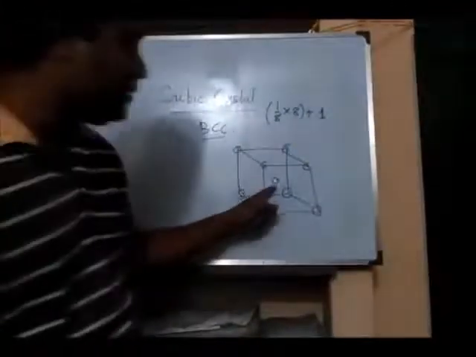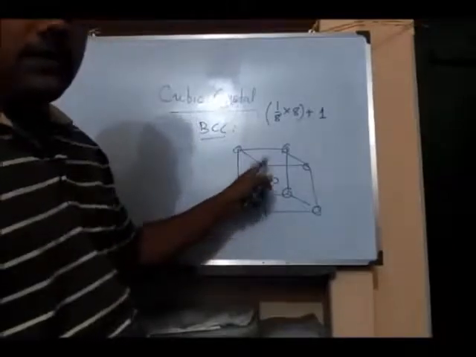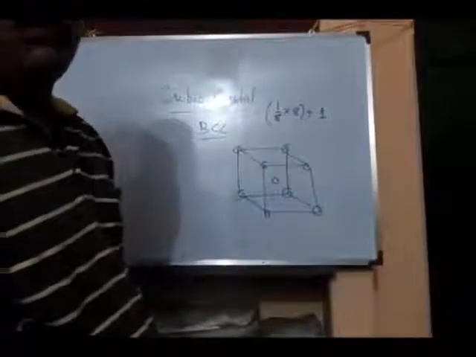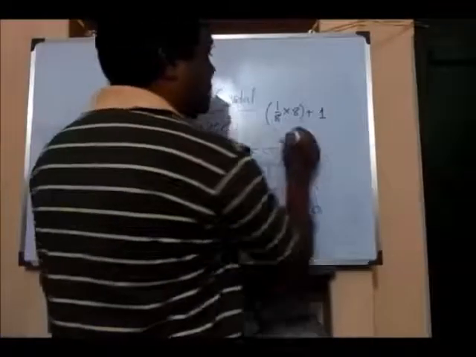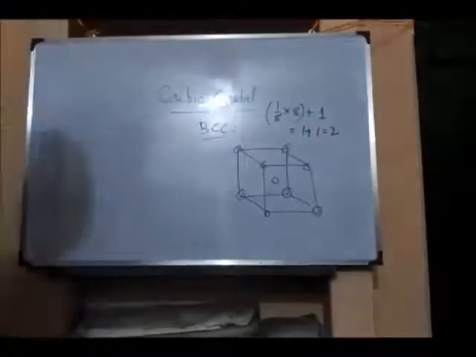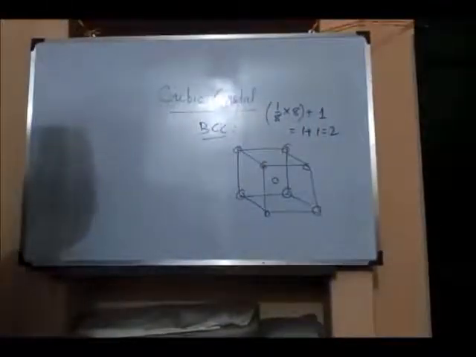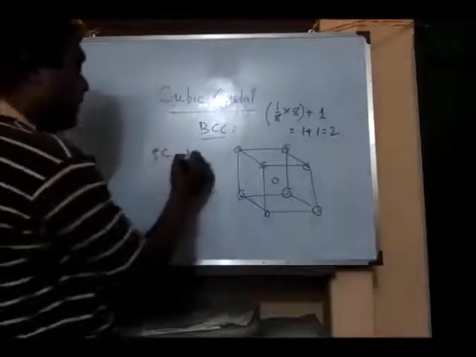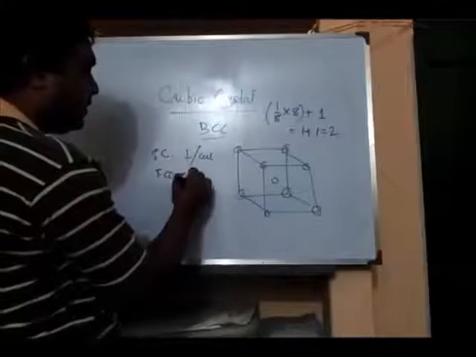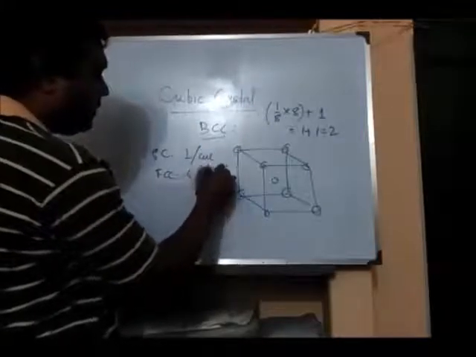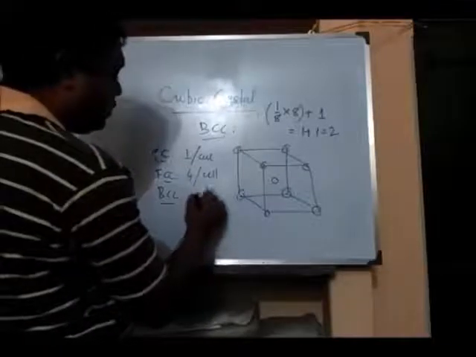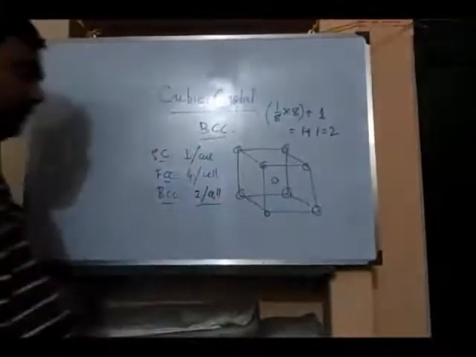So the total contribution of these atoms for this unit cell is 1 plus 1, that is 2. Okay, so simple cubic contains single atom per unit cell. Face-centered cubic contains 4 atoms per unit cell, and body-centered cubic contains 2 atoms per cell.